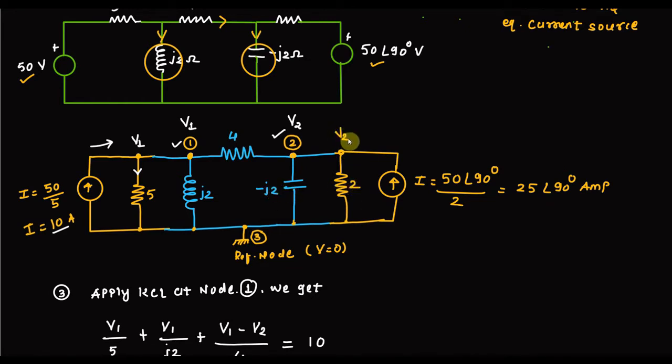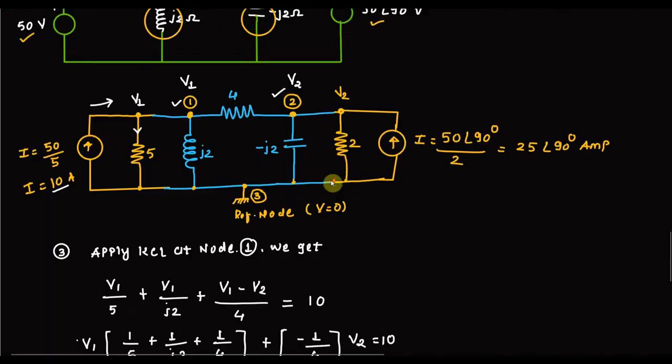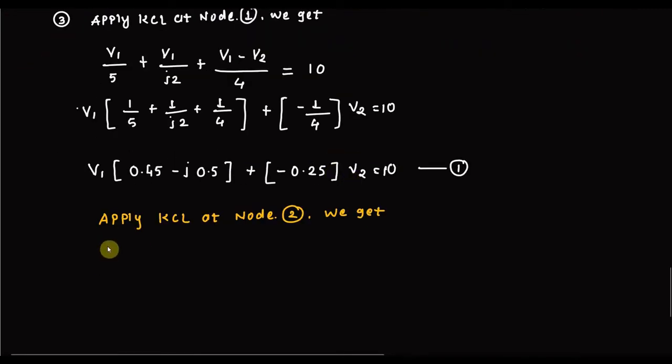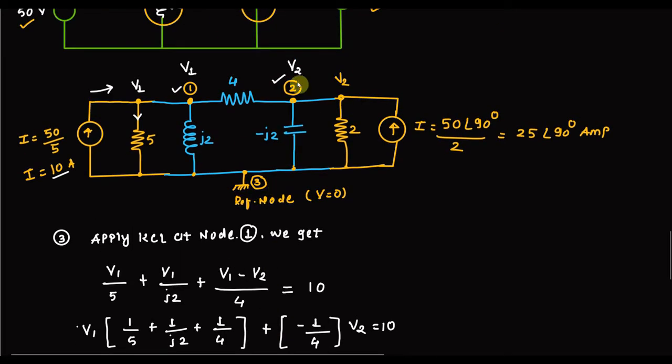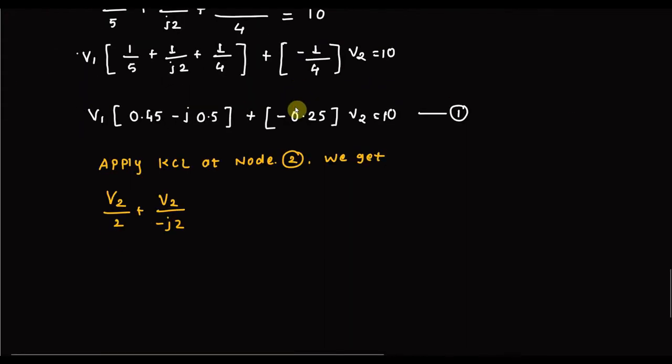What will be the voltage here? V2. So it is V2 by 2. Fine. So I will write V2 by 2 plus V2 by minus j2, write as it is, and here it will become (V2 minus V1) by 4.